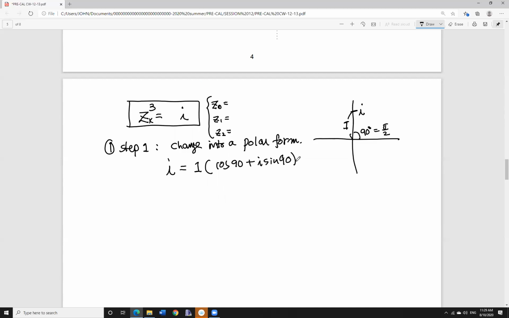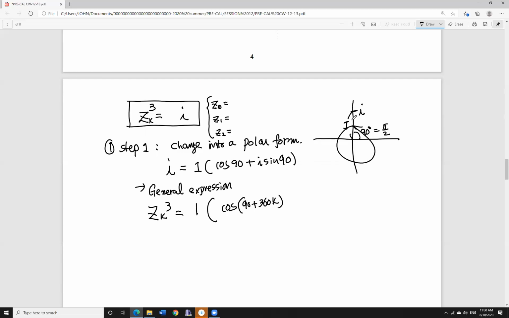What is the general angle? More general. What is it? I'm going to write down this one. i equals 1 times cosine of 90 plus 360k. That is the general form, right? Which is what? The coterminal angle.